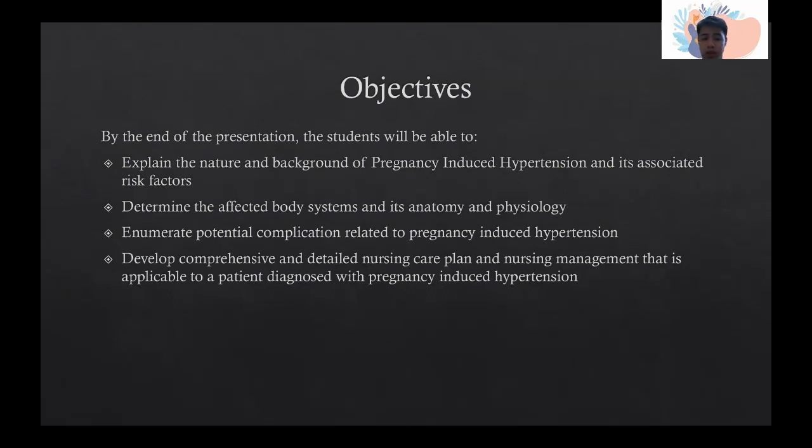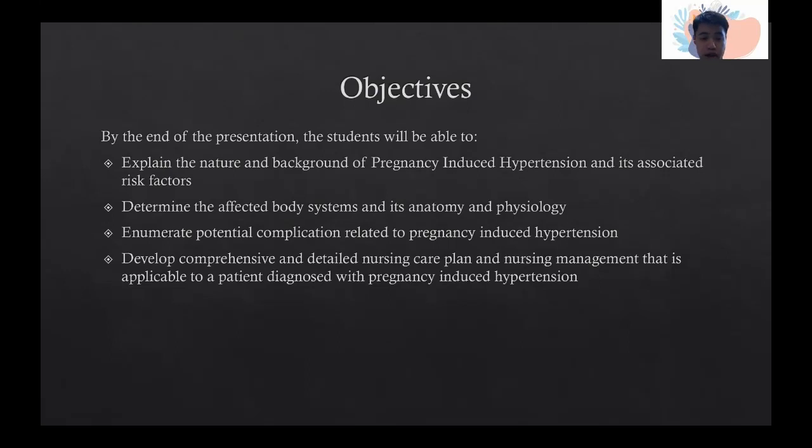By the end of this presentation, the students will be able to explain the nature and background of pregnancy-induced hypertension and its associated risk factors. Next is determine the affected body system and its anatomy and physiology. Next is enumerate potential complications related to pregnancy-induced hypertension or PIH.